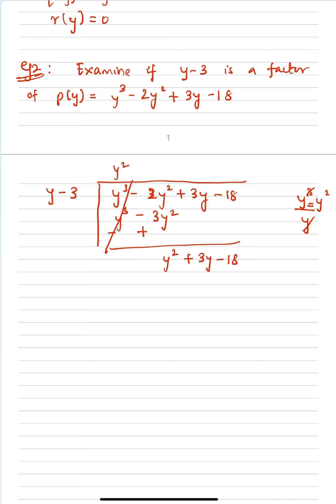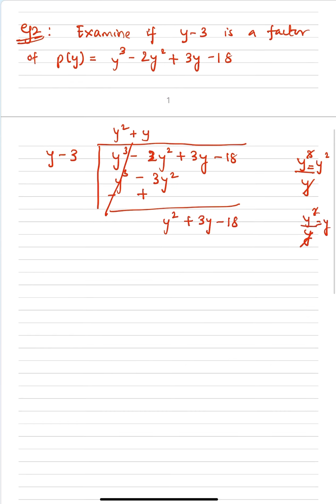The same thing now, the first term of the dividend divided by the first term of the divisor. Cut this, you will get y. So now we will have the second term of the quotient as plus y.